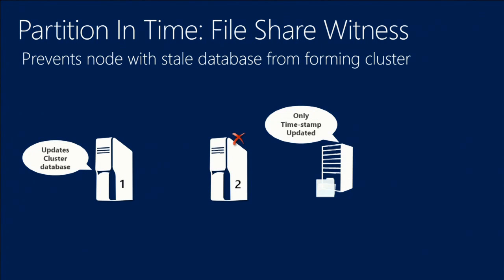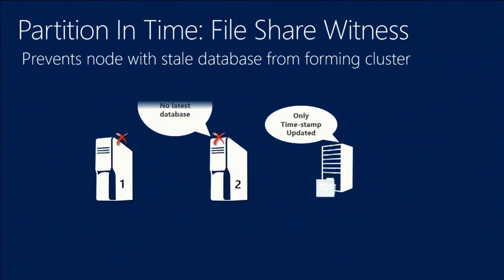Now what happens if I have a file share witness instead of a disk witness? I attempt to start node 2. However, it recognizes that the timestamp recorded in the file share witness is later than the timestamp of the cluster database I have on my system.